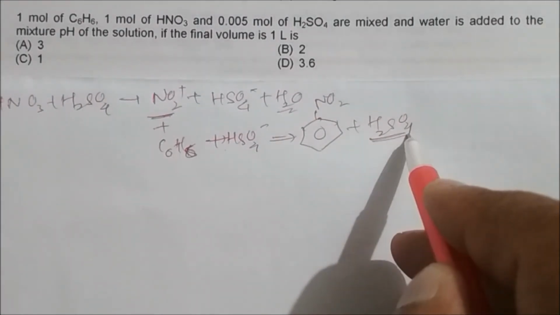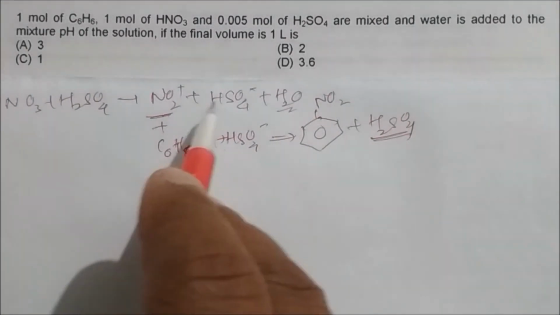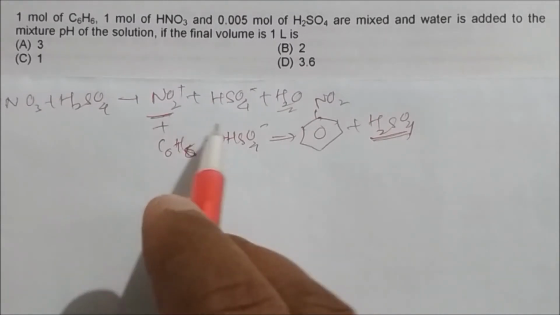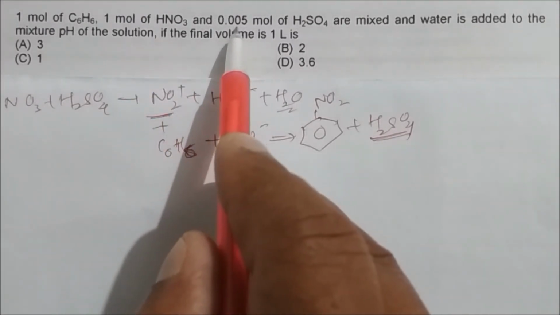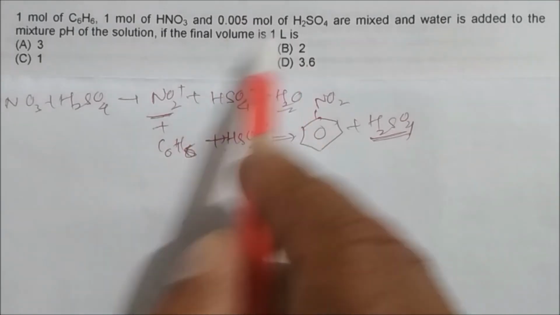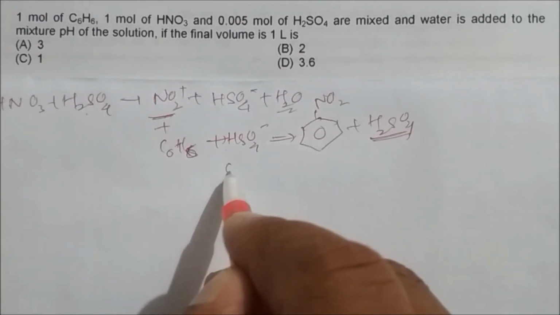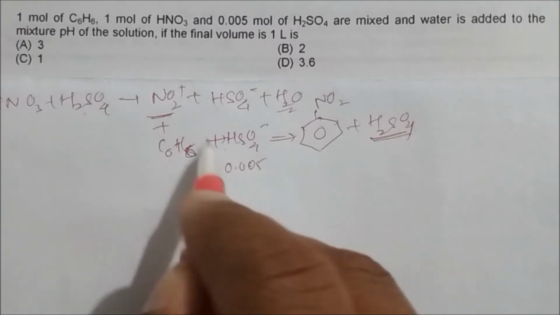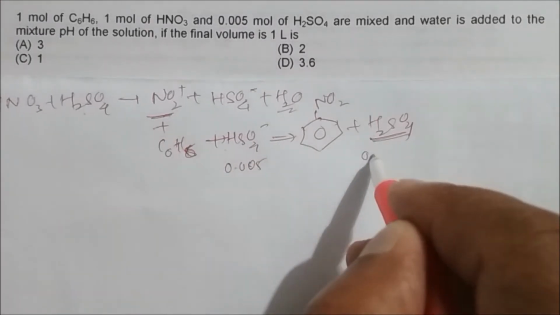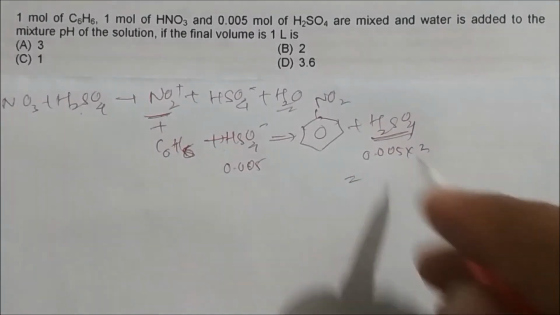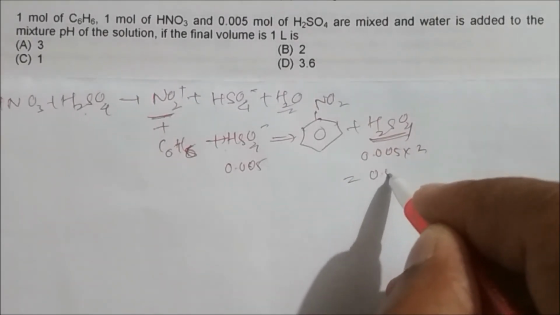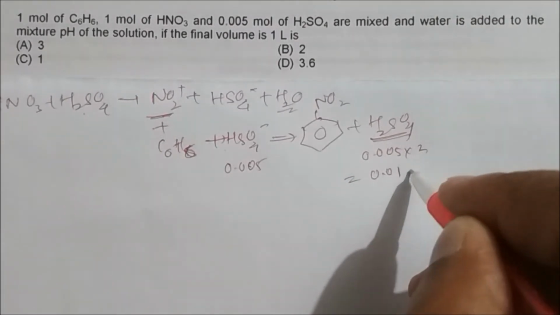This molecule is again regenerated: previously one hydrogen was lost and then it was regenerated. So this amount of 0.05 moles is there. And again one more hydrogen is generated, so we can say 0.005 × 2, so there will be 0.01 moles of hydrogen.